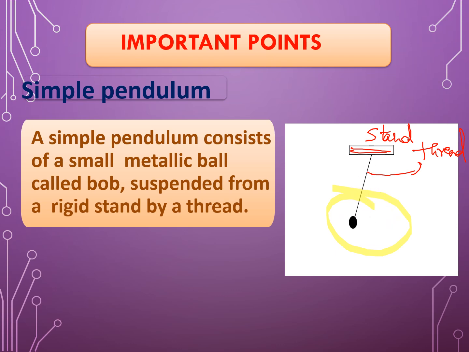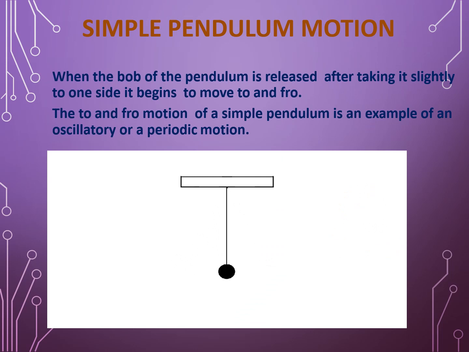So this is the basic principle used in clocks for the measurement of time. Fine. How exactly is it moving? Here I mentioned, after taking it slightly to one side, it begins to move to and fro. This is important. To and fro. Here, then here.